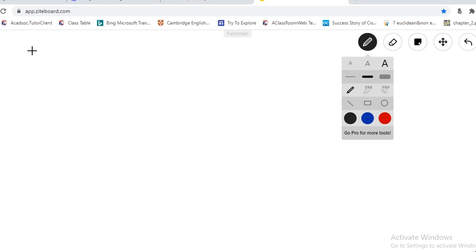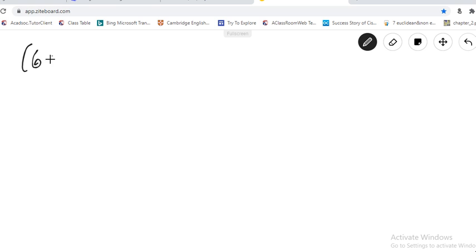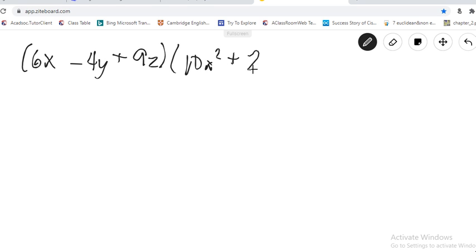So we have 6x minus 4y plus 9z multiplied by 10x squared plus 2y squared minus 5z squared.